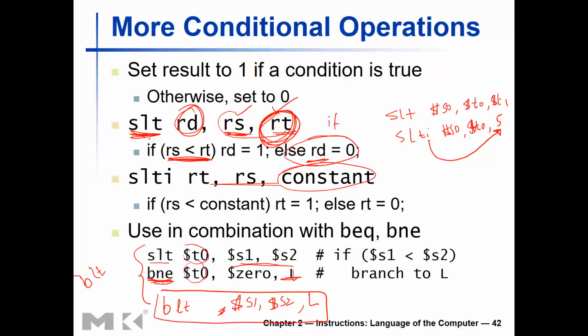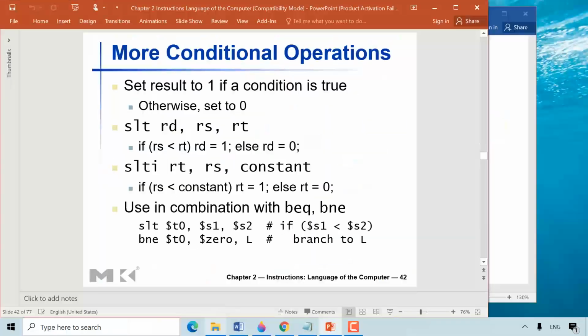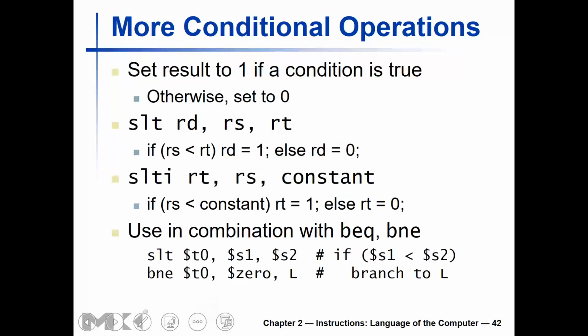Okay, so let's take the case where S1 is less than S2. If this is the case, then T0 will be equal to 1. Then we come here and compare T0 to 0.